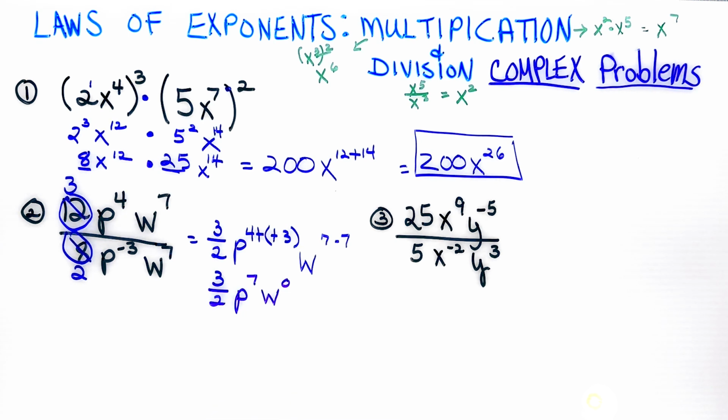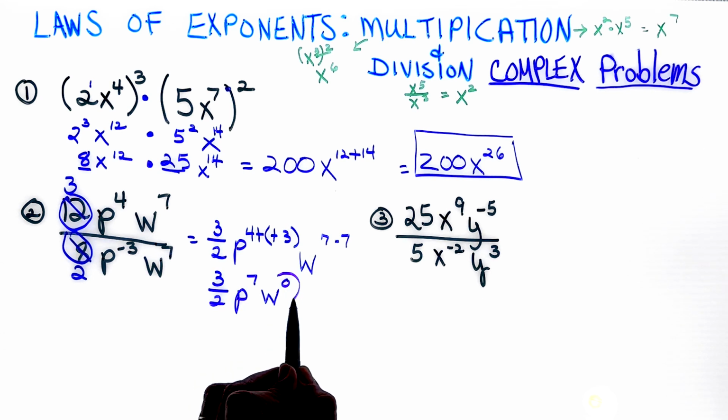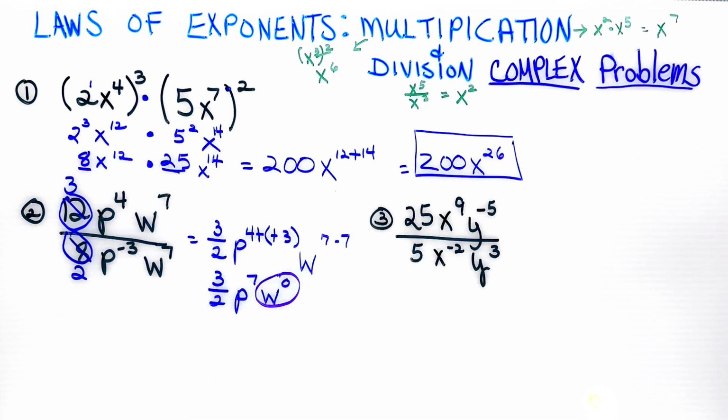Well, one rule that I don't believe I've mentioned that you need to remember: anytime a variable is taken to the 0 power, it's like a 1. It's not a 1w, it's just a 1. So looking at this problem, 3 halves p to the 7th, and I could put times 1, but I don't have to.